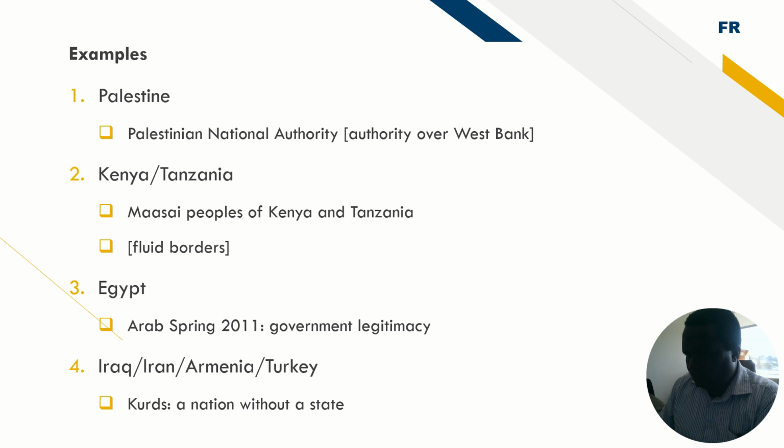There is another example, that is the Kurds who are found in Iraq, Iran, Armenia, and Turkey, and so they are a nation without a state. And so these are some examples of how nations can be without states, but the people who live within there consider themselves members of a state.